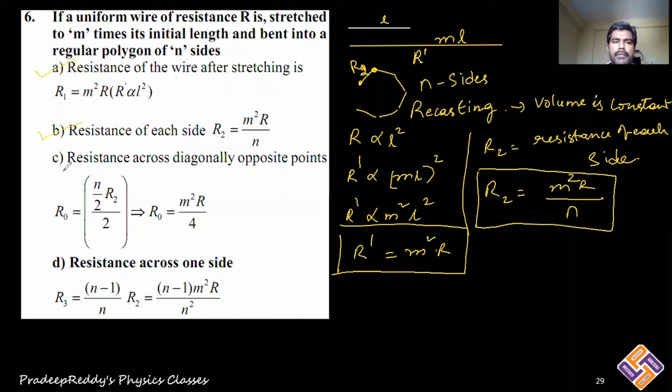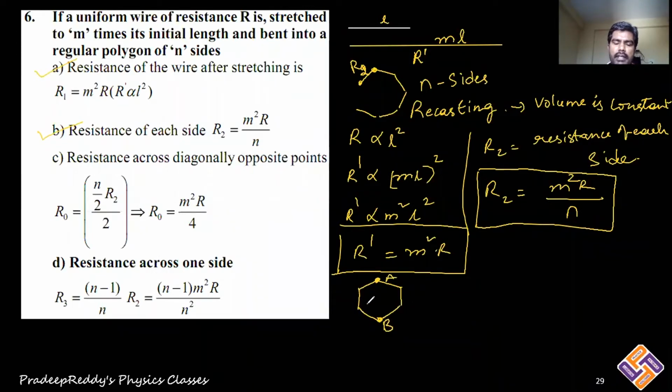Coming to C: resistance across diagonally opposite points. Resistance across diagonally opposite points means, for example, you have a hexagon. This is a hexagon, and this is one point, and this is the opposite point. Diagonally opposite points are A and B. Observe this figure.